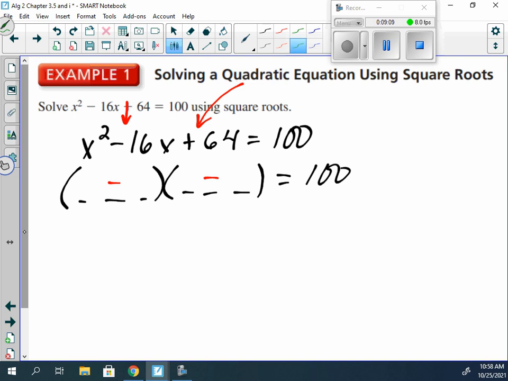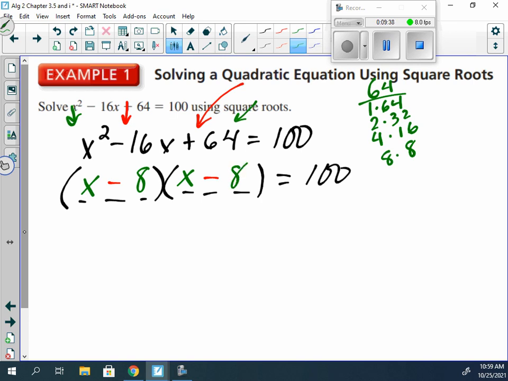And lastly, we need to find the factors of the first and third term. Well, the factors of the first term would be x and what factors of 64 could we use? Because 64 would be 1 times 64, 2 times 32, 4 times 16, and 8 times 8.